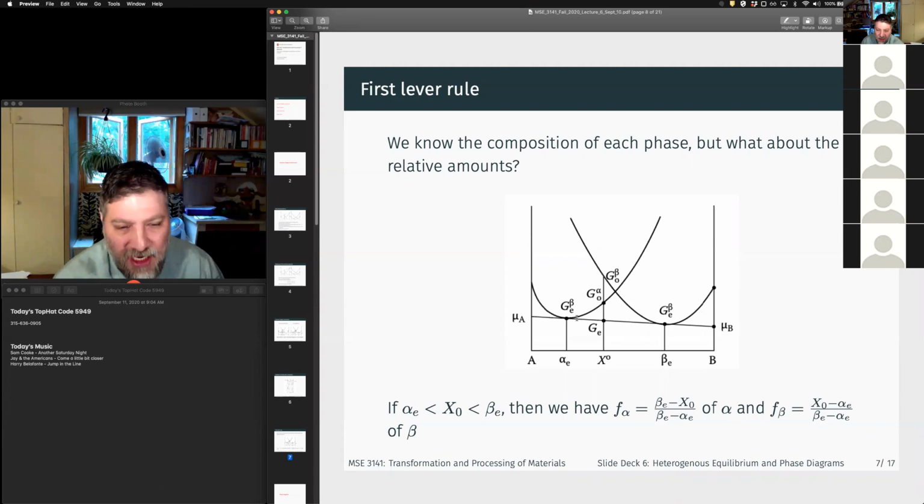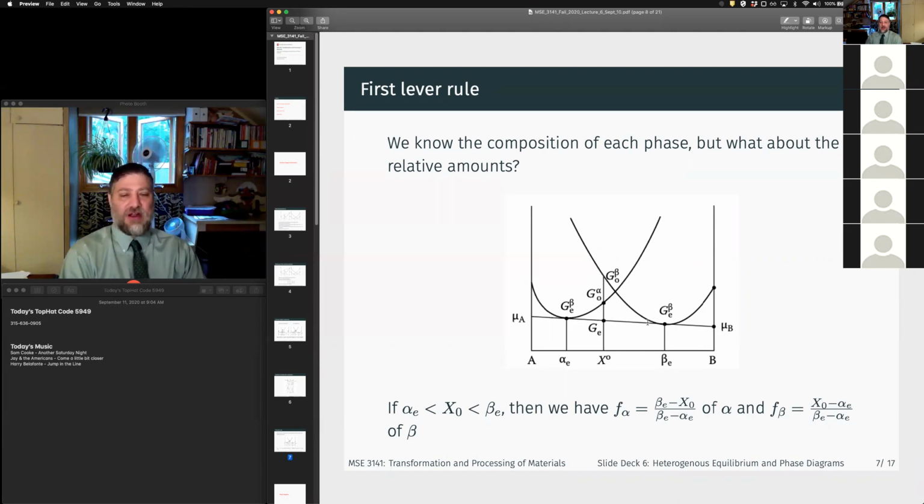As we're out here, right? If my composition is close to my alpha equilibrium, I don't need to move a lot of B into beta to be able to move back here, right? So if I'm close here, I'm going to be primarily alpha with just a little bit of beta.